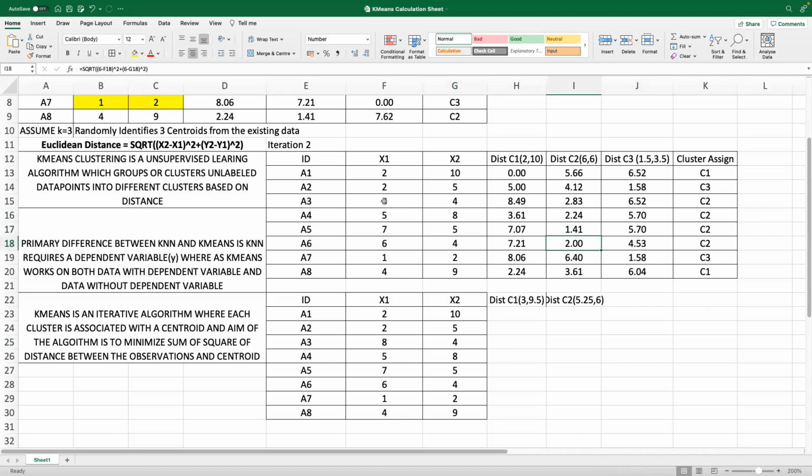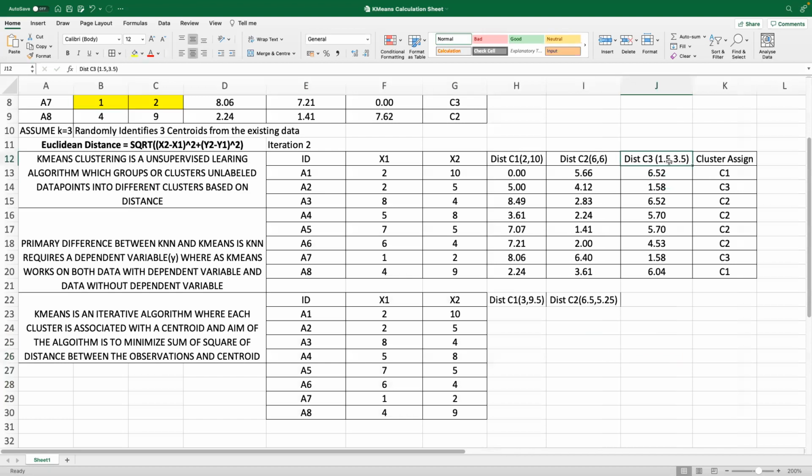No, I think we have made a mistake here. These are the C2s, right? The 6.5, comma, 5. This would be 5.25. And cluster 3 remains the same. There was no change in cluster 3, so we'll take it as it is.